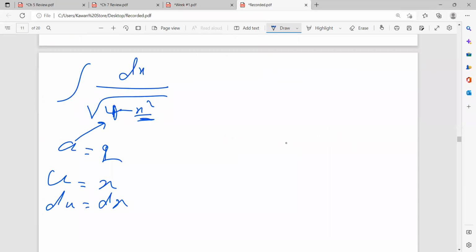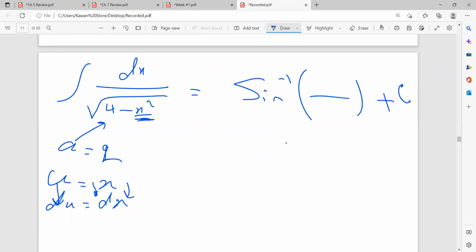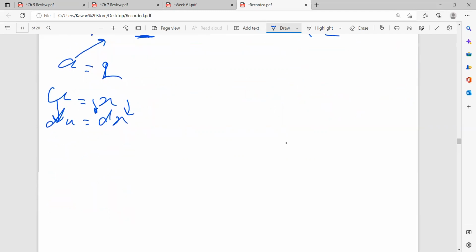So how do we solve that one? If I have 4, we say A is equal to 2, U is equal to x, and du, the derivative of this, is equal to dx. So I say directly that one is the sine inverse formula, U over A. Any question about 27?